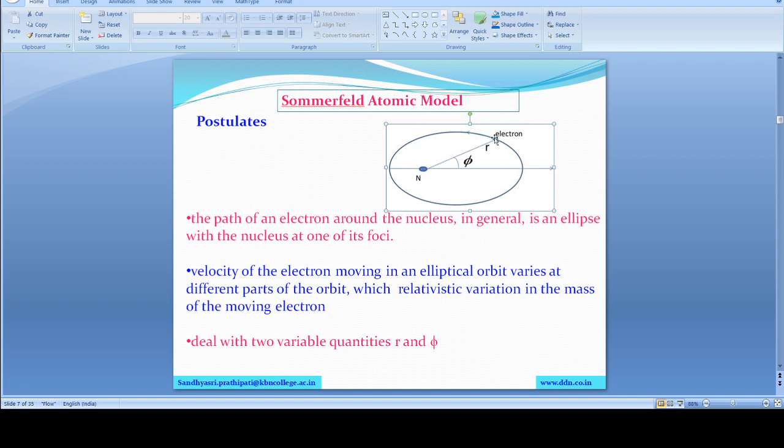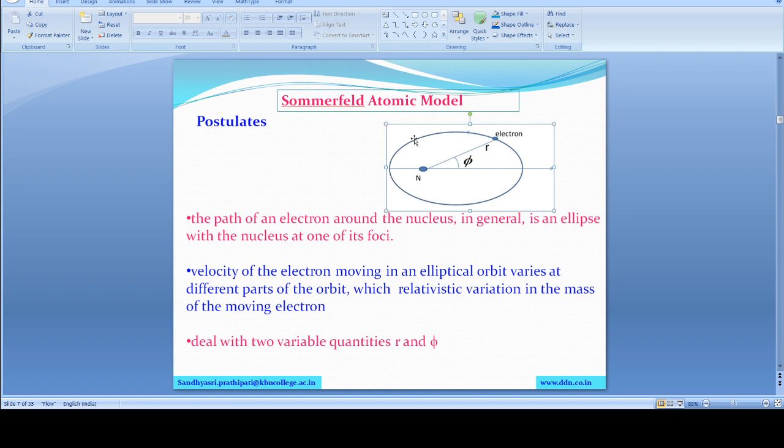Here is distance r. If it comes to this position, r may be reduced. When it comes to this position, r may be increased. So when it comes back here, r is reduced. Denominator value is reduced, right? So the total fraction value is increased. So the attractive force is more here, at the nearest point.